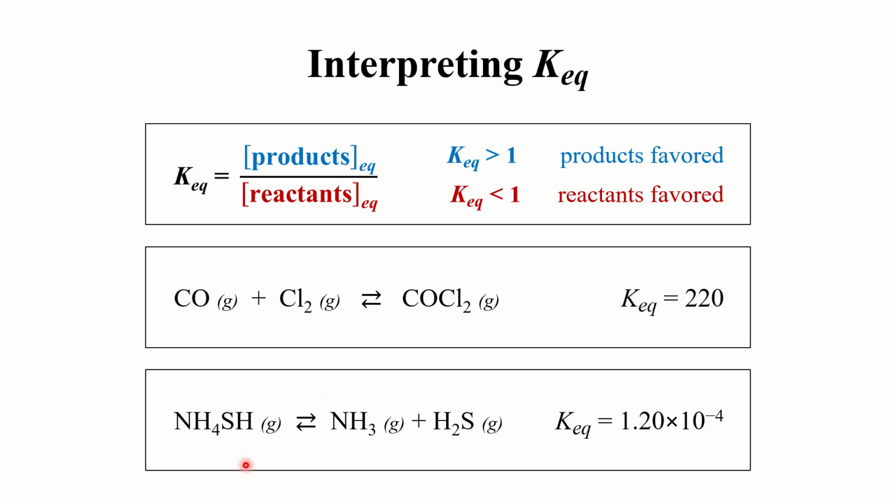For this one down here, NH4SH to form NH3 and H2S, we see that KEQ is 1.20 times 10 to the negative fourth, much smaller than 1. So we know that this reaction is reactants favored, or we could also say that there must be more NH4SH at equilibrium than there are of the two products.